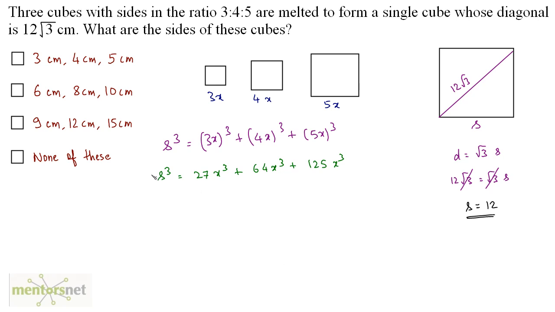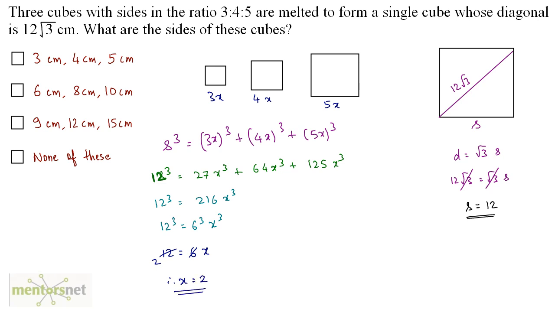Now this s is 12, so I can say 12 cube. The addition of all of these 3 terms will be 216x cube, right? But 216 is 6 cube, so I can write 12 cube is equal to 6 cube times x cube. Taking cube root on both the sides, we get 12 is equal to 6 times x. 6 times 2 is 12, so I can say x is equal to 2.